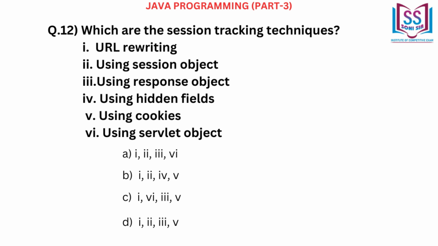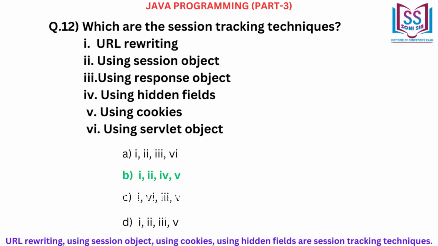B. 1, 2, 4 and 5. C. 1, 6, 3 and 5. D. 1, 2, 3 and 5. Correct answer B. 1, 2, 4 and 5. URL rewriting, using session object, using cookies, using hidden fields are session tracking techniques.